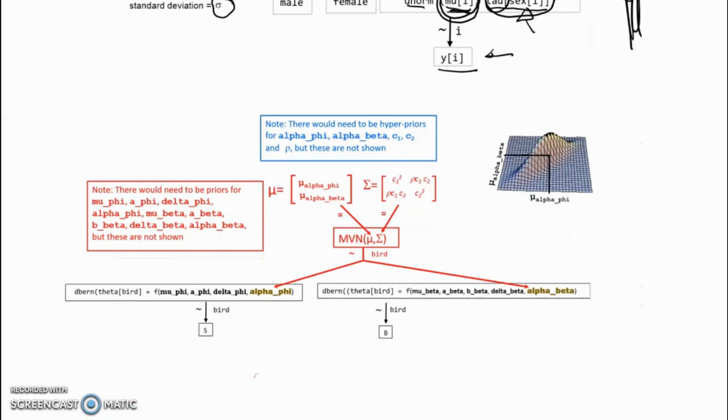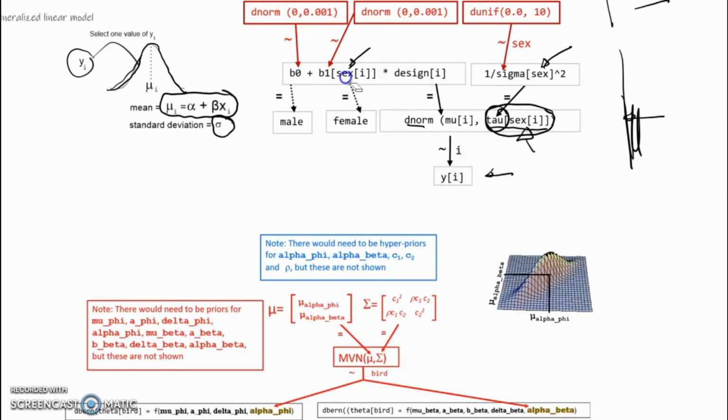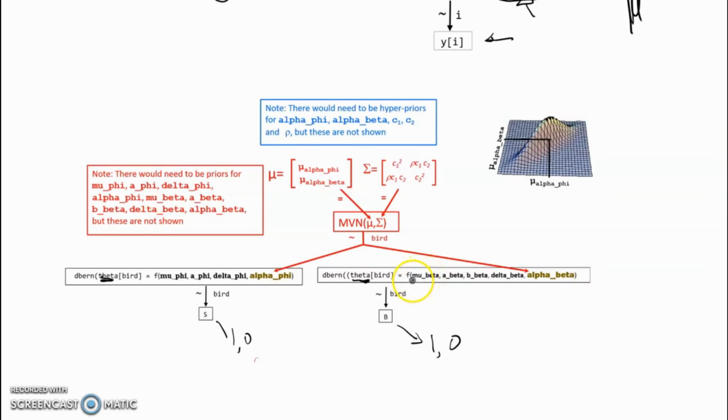And then finally, we come back to what we just did this week, the bugs and birds. We return to binary dependent variables, and here we're going to have 2 of them, 1s and 0s for breeding, 1s and 0s for survival. Now, very much akin to what happened up here, we're going to have a rather complicated function for our parameter. The parameter in this case is going to be the theta parameter of a Bernoulli distribution, and it's going to be calculated through this rather nasty looking function.